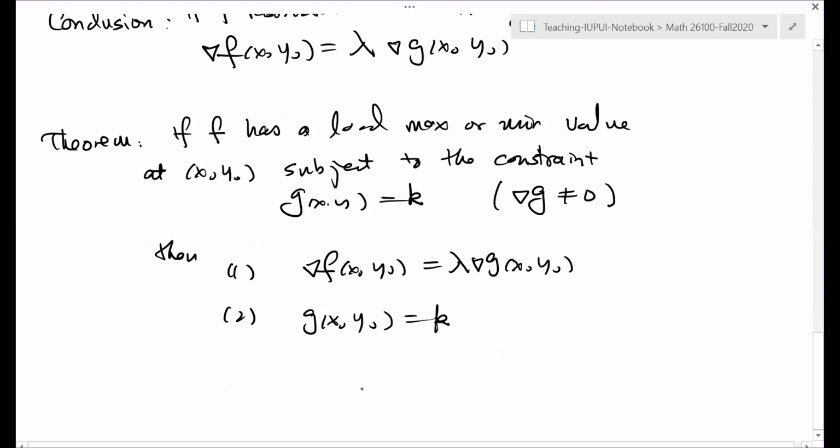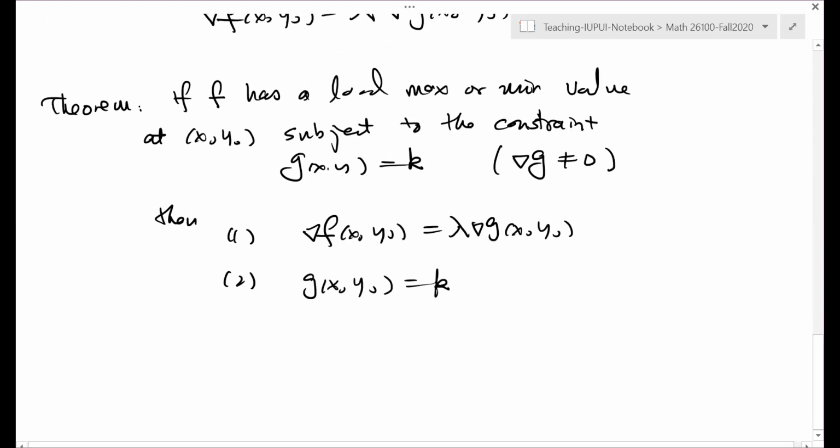Now we don't say the function has a local maximum value at some point in its domain. We only say it has a local maximum value along this curve determined by g equals k. So that's why the gradient of f is not going to be 0.